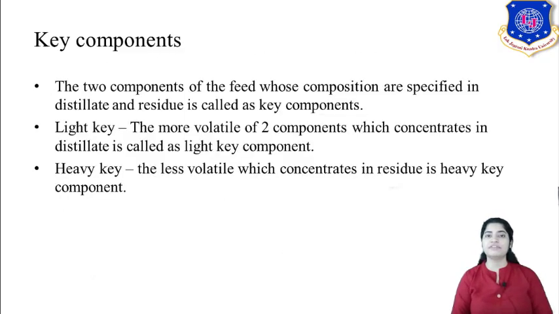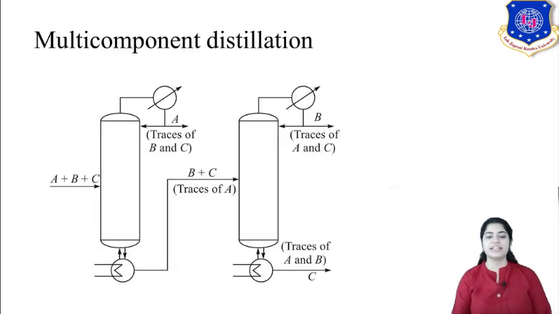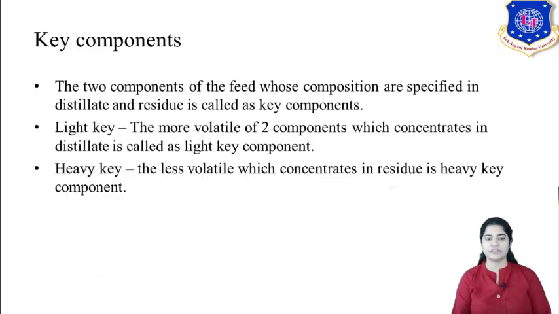Now the important factors are, first of all, you have to study the key components. What are the key components? Any 2 components of the feed whose compositions are present in both distillate and residue are called key components. Here you can see A plus B plus C. From these 3 components, any 2 which are present in both distillate and residue are your key components.